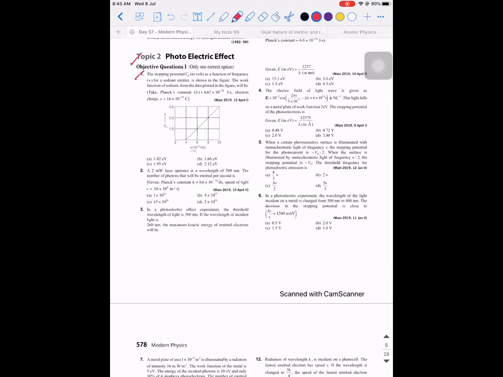So look at this. The stopping potential V naught as a function of frequency for a sodium emitter is shown in the figure. The work function of sodium from the data plotted in the figure will be?